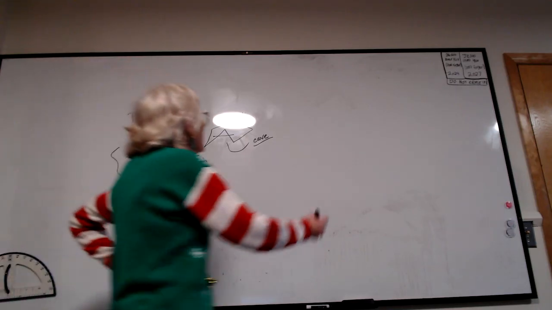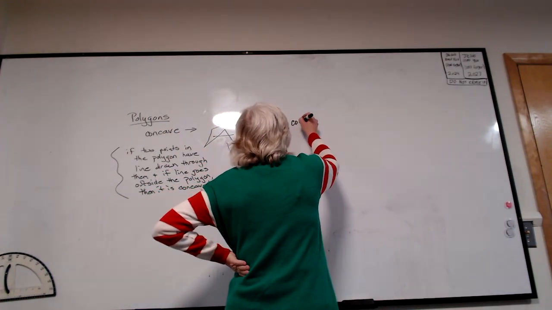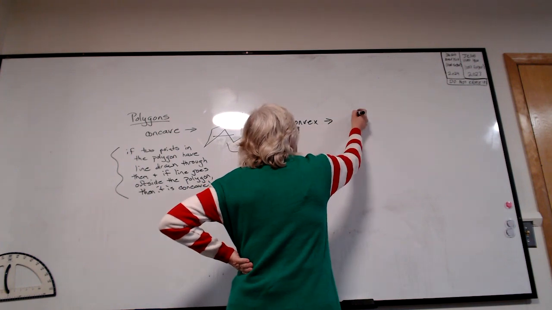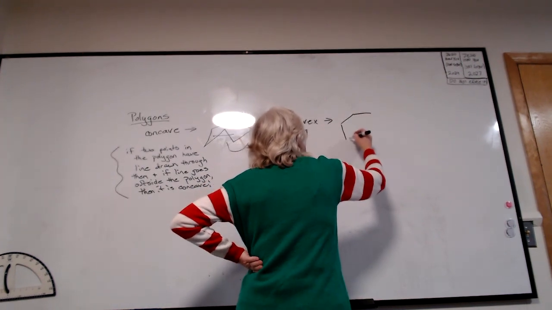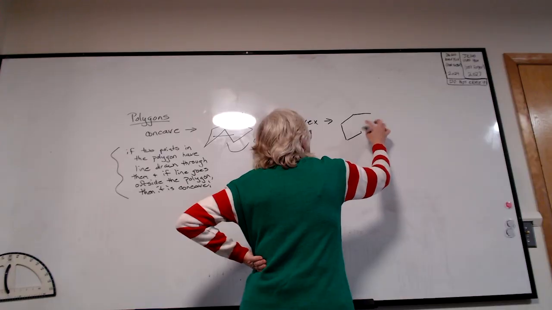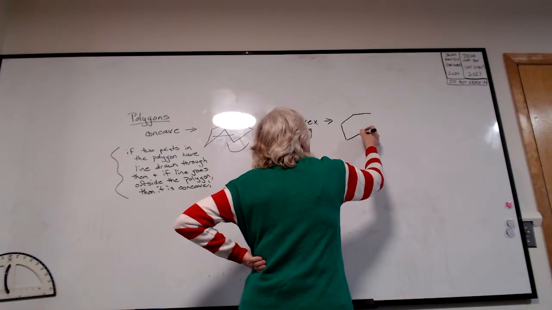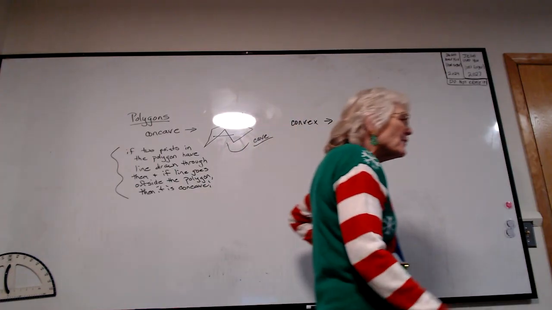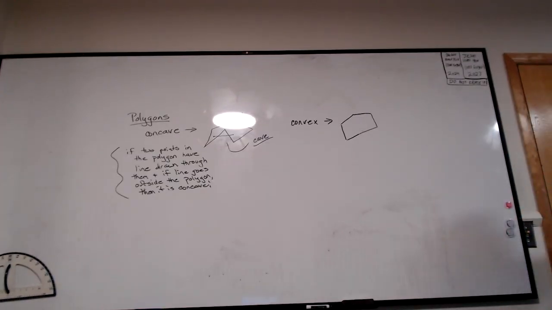The other one is a convex polygon. And a convex polygon is something like, okay, so no matter where I put 2 points in the polygon, if I pick any 2 points in the polygon, that line between those points will always stay inside.